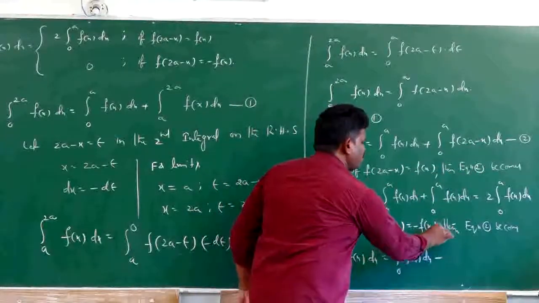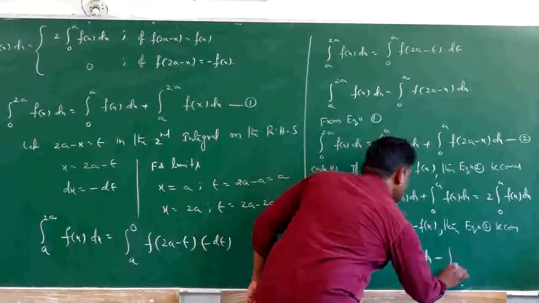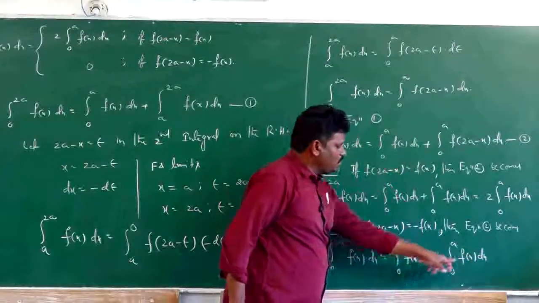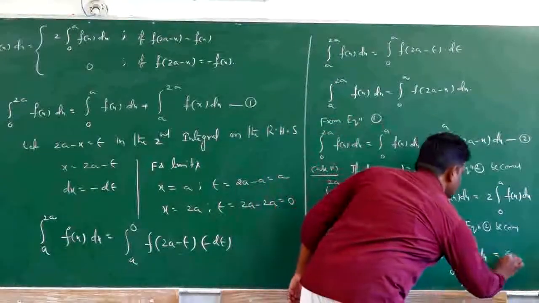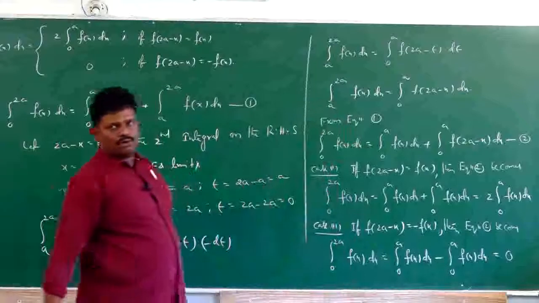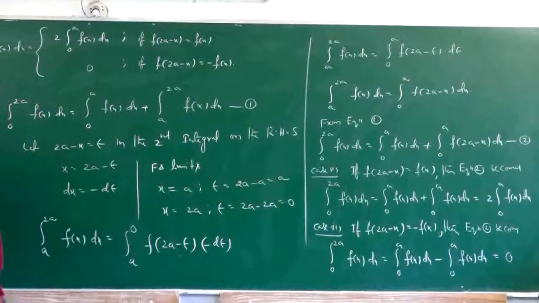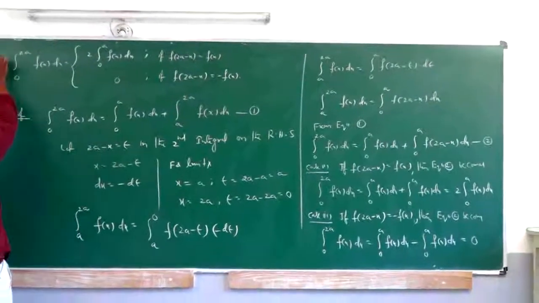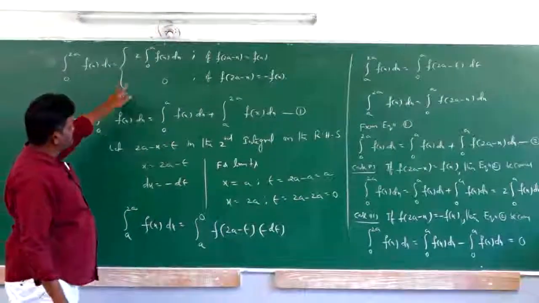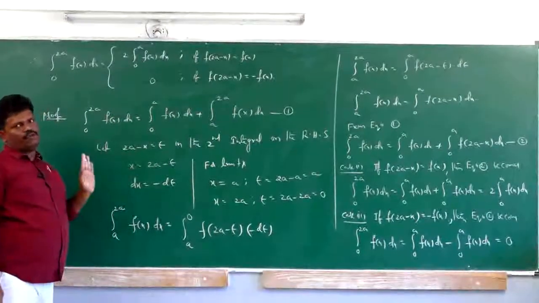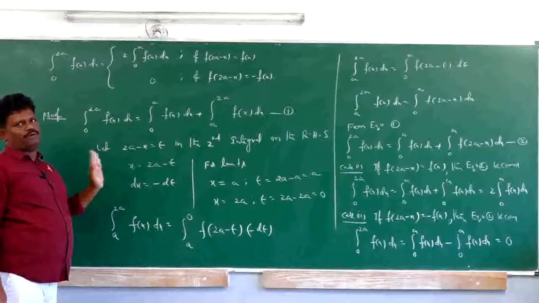One is positive and the other is negative, so that value is 0. Finally, the conclusion is that the given integral is equal to these values in both cases. So this is the seventh property, very very important for the board.